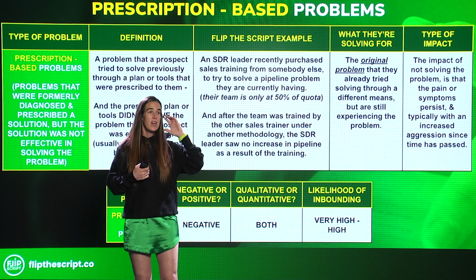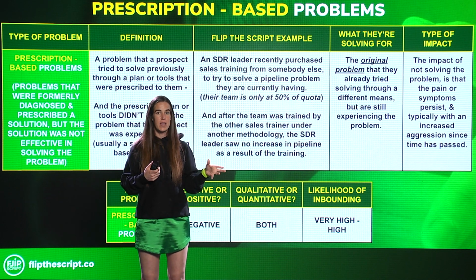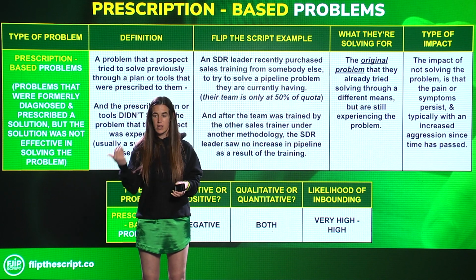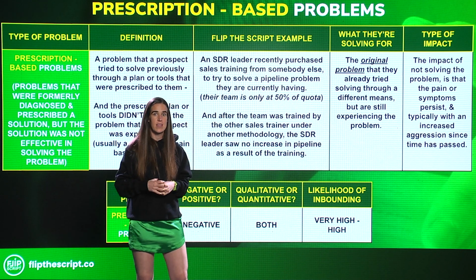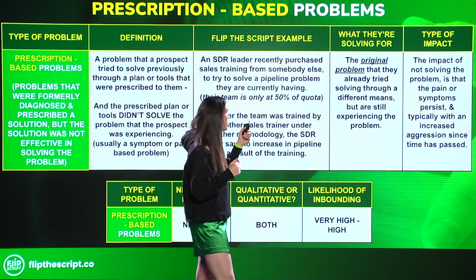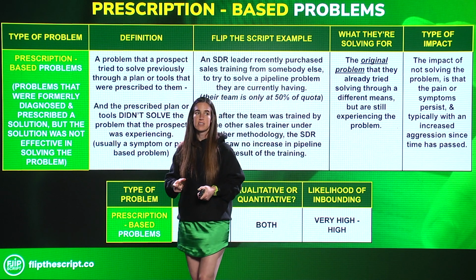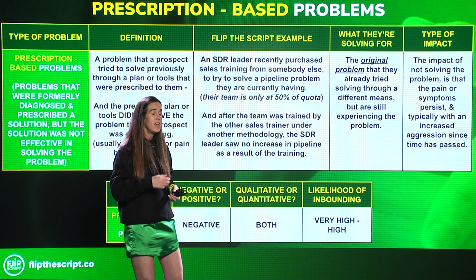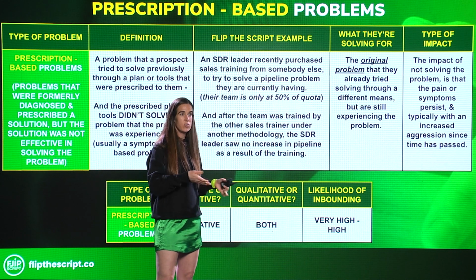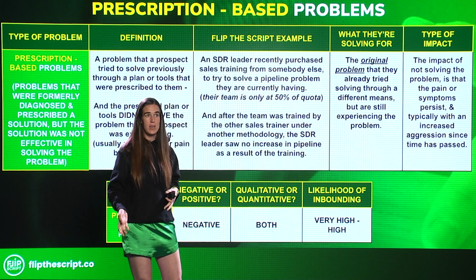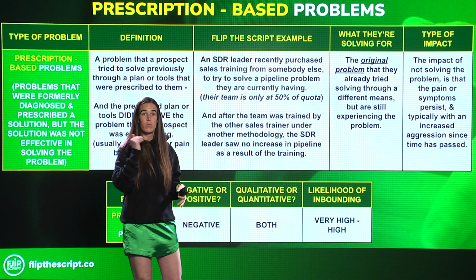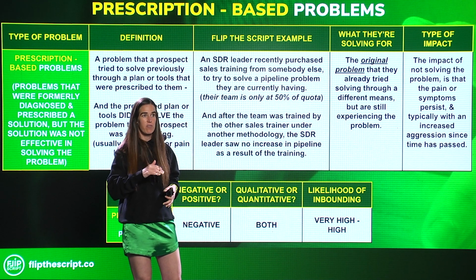So again, they tried to solve the problem through something else, and for whatever reason, it didn't incur the reality that they wanted. So what they're solving for is that the original problem is solved, obviously, through different means. So either the prescription needs to change, it wasn't the right prescribed plan or tools, or the original problem was misidentified.